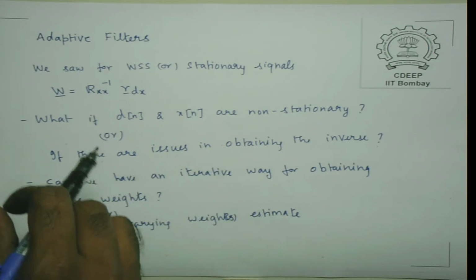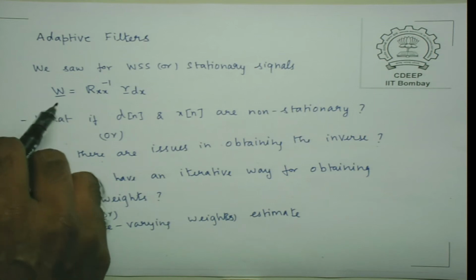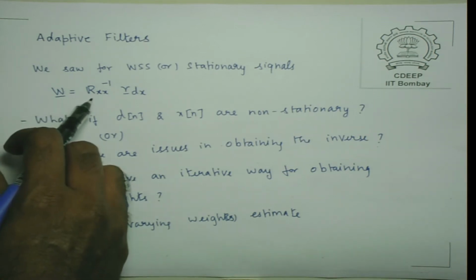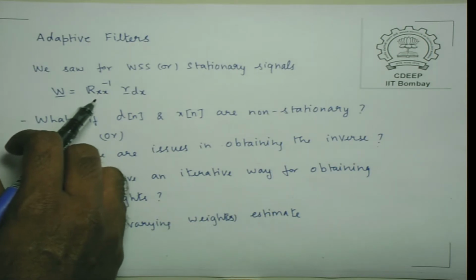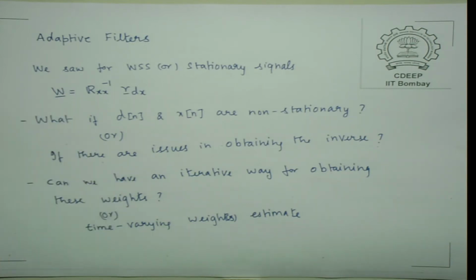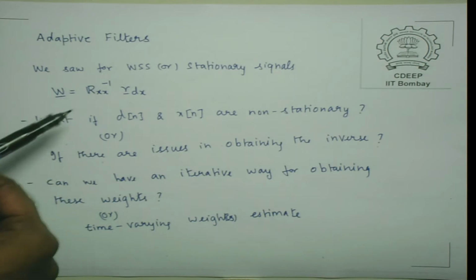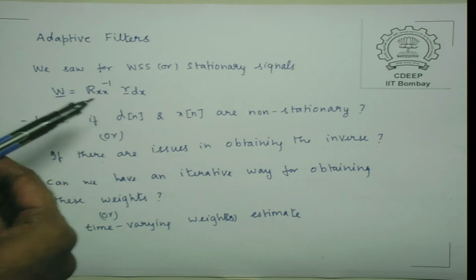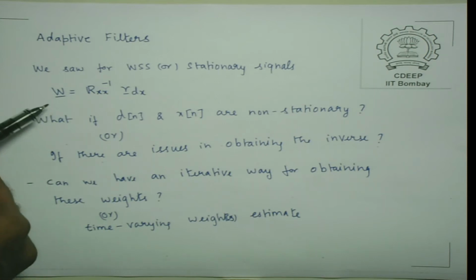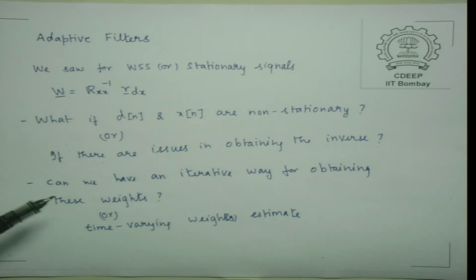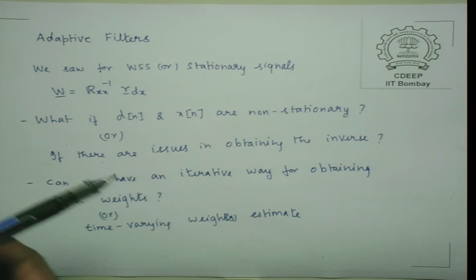And similarly, even if we assume stationarity, in practice when you want to obtain this R inverse, since these are estimates of the autocorrelation matrix, there could be issues in inversion of this autocorrelation matrix, and hence we may not be able to obtain this W exactly as we desire it to be, right. So, that leads us to this question: rather than just getting one optimal filter directly from this inversion, is there a way of obtaining these weights in some other way, which could be an adaptive or an iterative way?